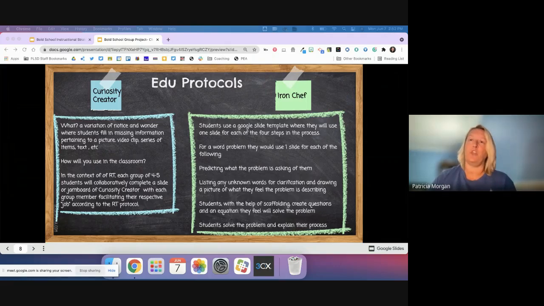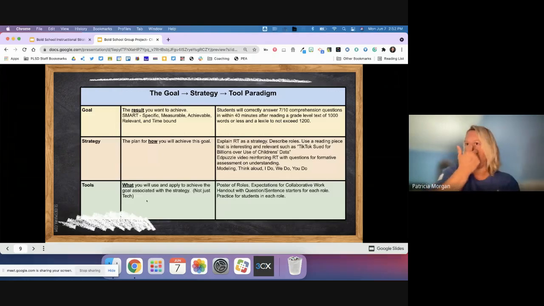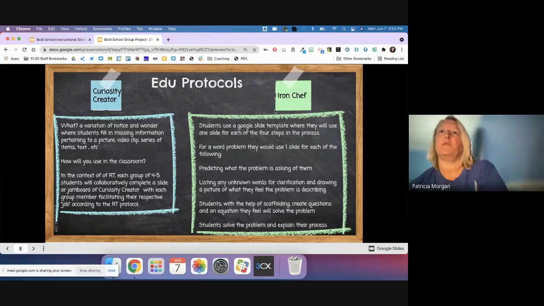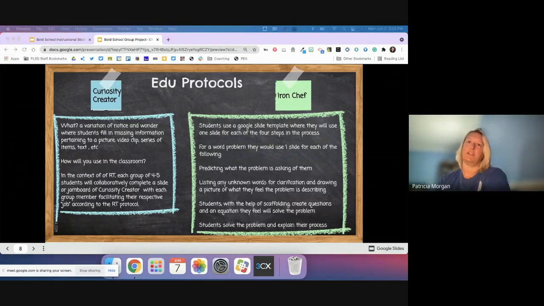And then if you go back through the presentation and you click on here, you can see in our notes, we've linked back to what Stephanie had in our path and for Iron Chef. And then I also linked what See, Think, Wonder, an example of that is, since it's a variation kind of on that.